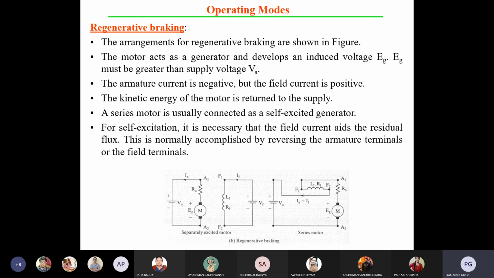Basically, utilization is an informative subject, but it touches different electrical engineering subjects, such as drives and power electronics, especially for traction. When we go for illumination, different types of things and definitions will be there, and some numerical problems. Then heating, welding, and some new types of information you can get some idea from.